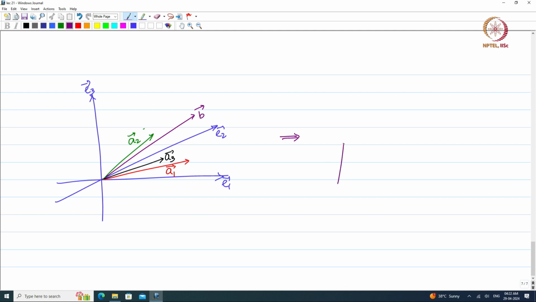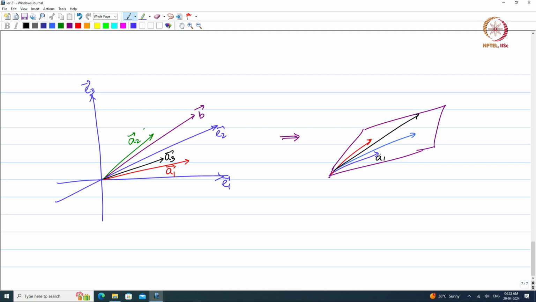Suppose I have a plane which is like this. Let us say I have my a1 vector, my a2 vector, this a3 vector, and the b vector is also here.